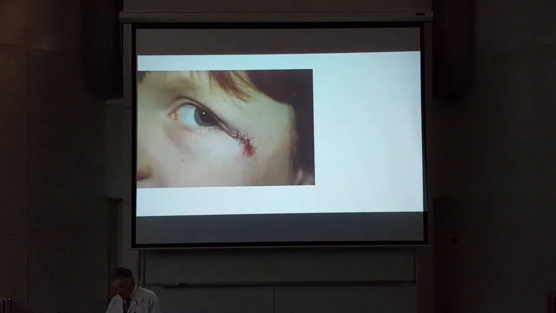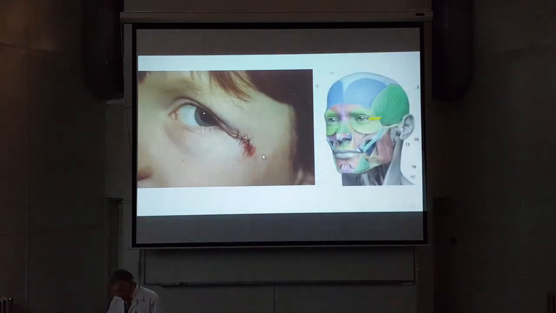In this patient, you can see that there is a wound extending from the angle of the eye towards the zygoma, and this is the possible site of the wound. If the doctor sutures the orbicularis oculi with the temporalis, whenever this person is going to eat or chew, the angle of the eye is going to move.